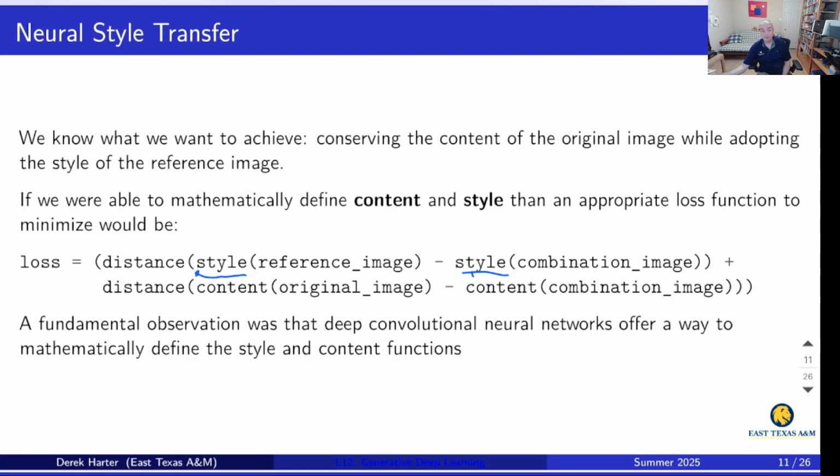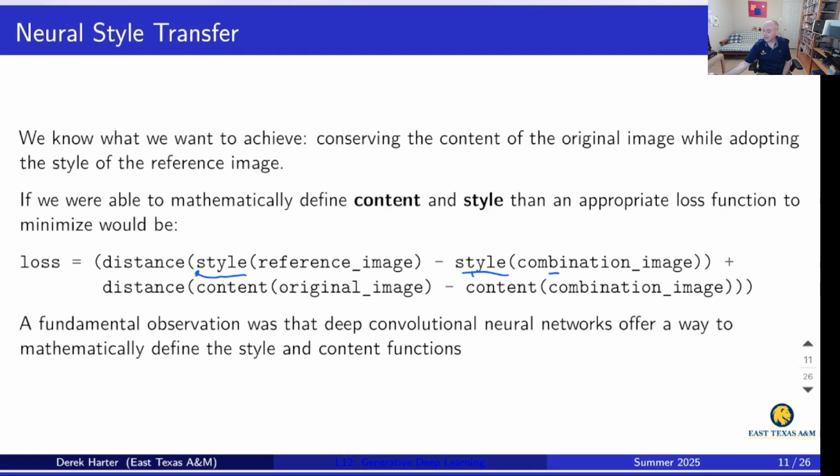Here we're back to doing a minimization for this loss, because if they have exactly the same style, the difference would be zero for this hypothetical style function. The bigger the style difference, the larger that is.